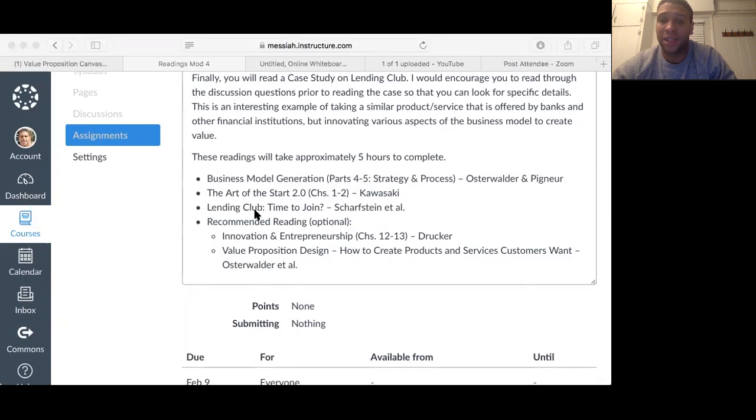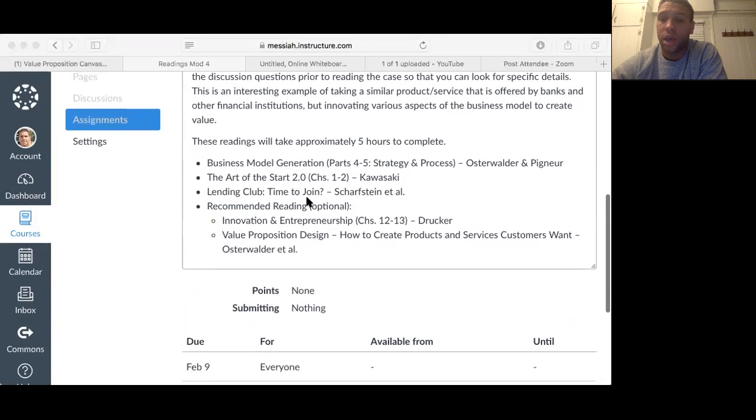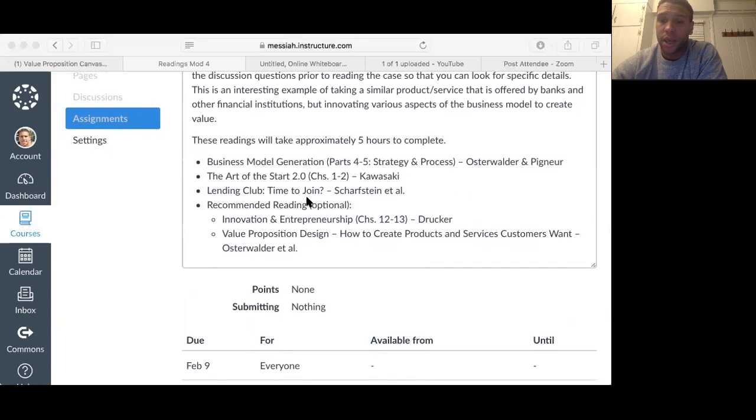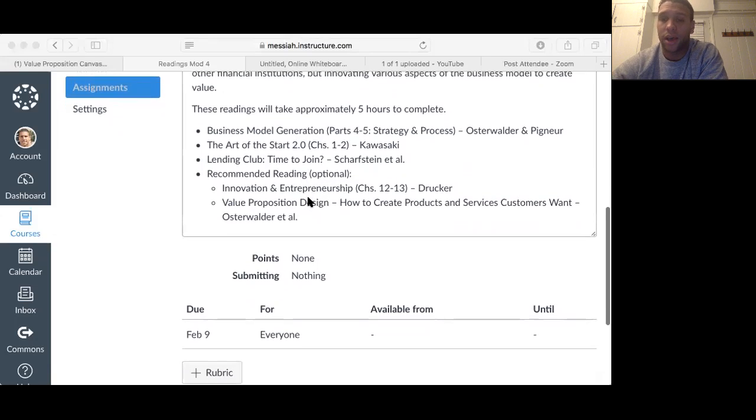We're also going to dive into Lending Club, and that will be what you'll be commenting on this week on the discussion boards. I'm going to post in the discussion boards which question each of your groups will answer. Essentially we're going to talk about whether they're competing in a blue ocean, what makes them innovative, etc. This week.